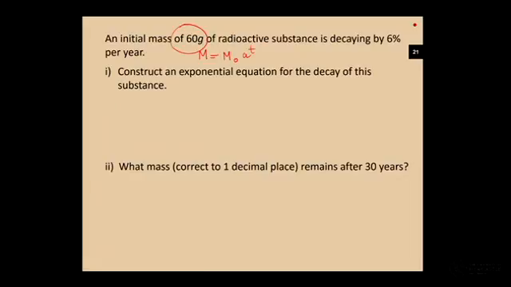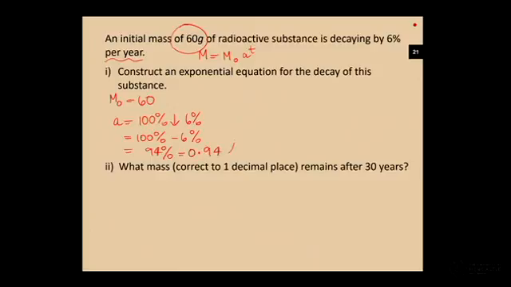So that multiplying factor: it says it's decaying by 6% per year. I know my initial was 60. My multiplying factor was 100%, and it went down by 6%. So 100% take away 6% ends up with 94%, which is also 0.94.